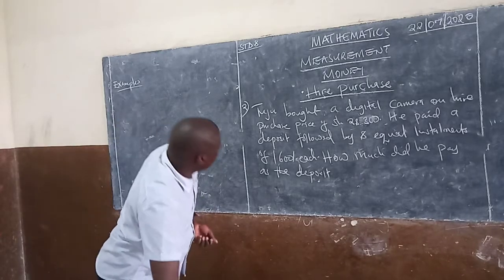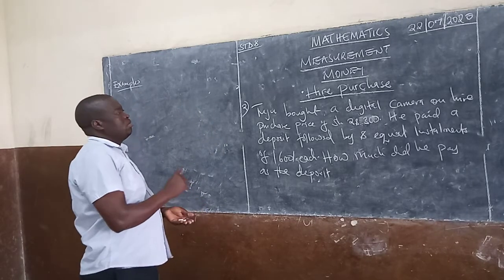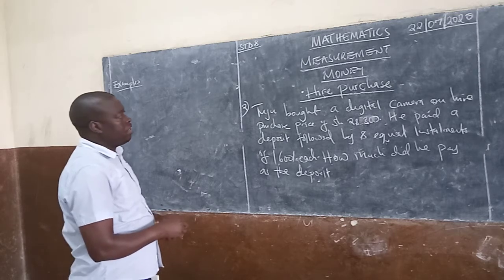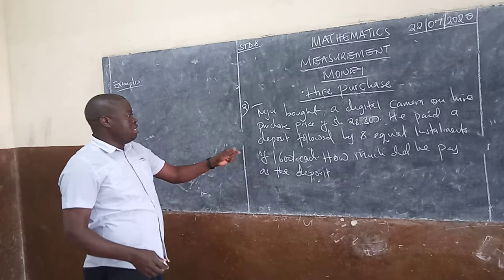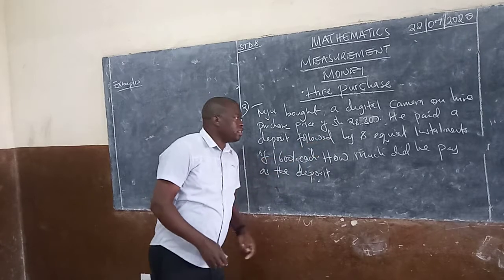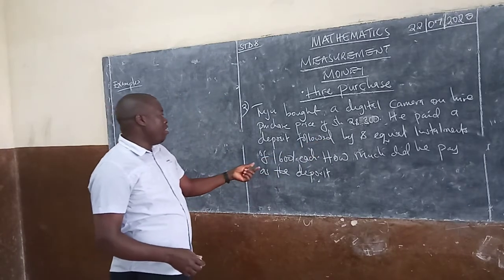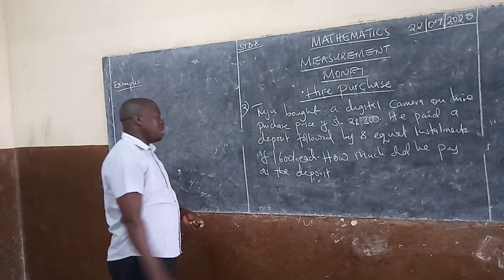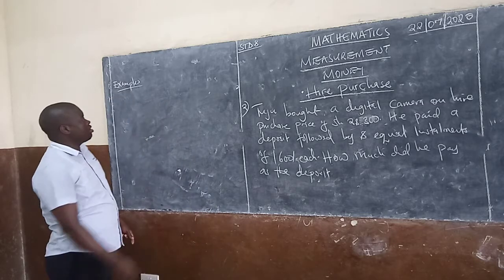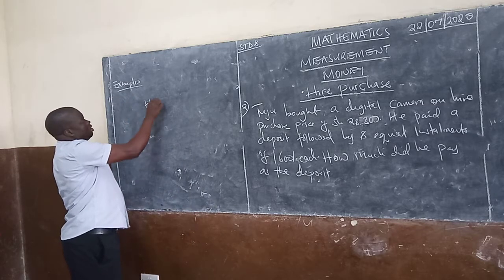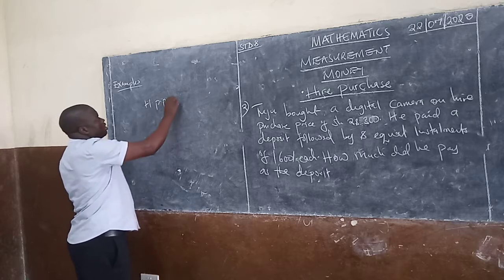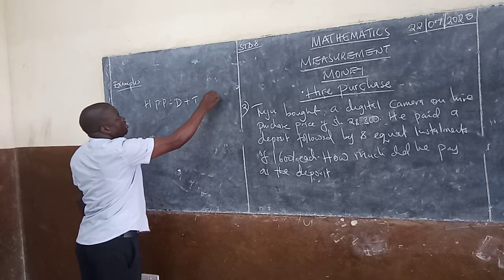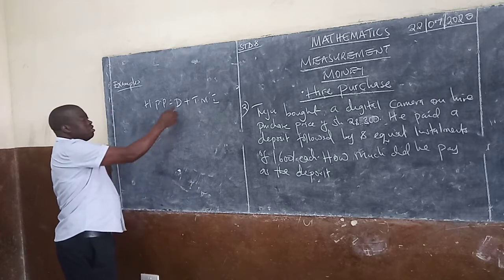So this question, we're being told he bought a digital camera on hire purchase price of 28,300. He paid a deposit, then followed by 8 equal installments of 1,600. That is per installment. How much did he pay as a deposit? So of course, we know the hire purchase price is the deposit plus the total monthly installments, whereby we don't know the deposit.